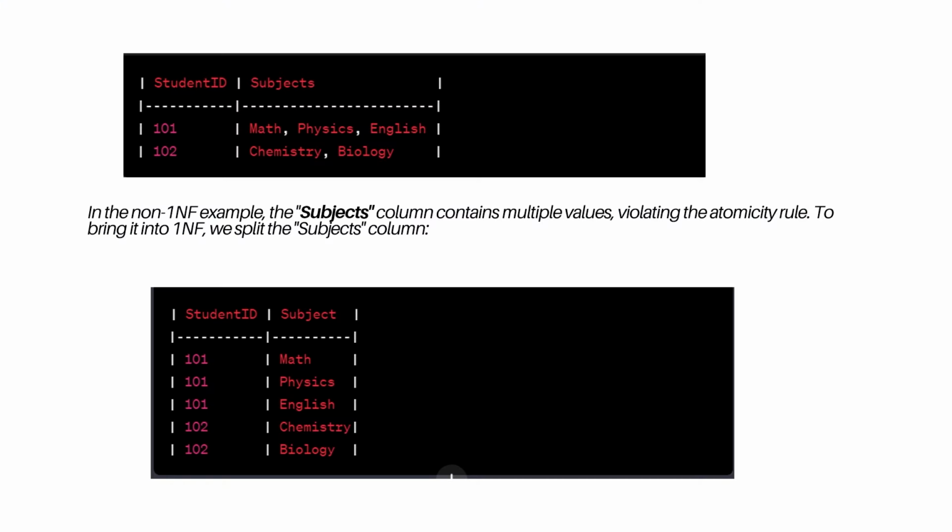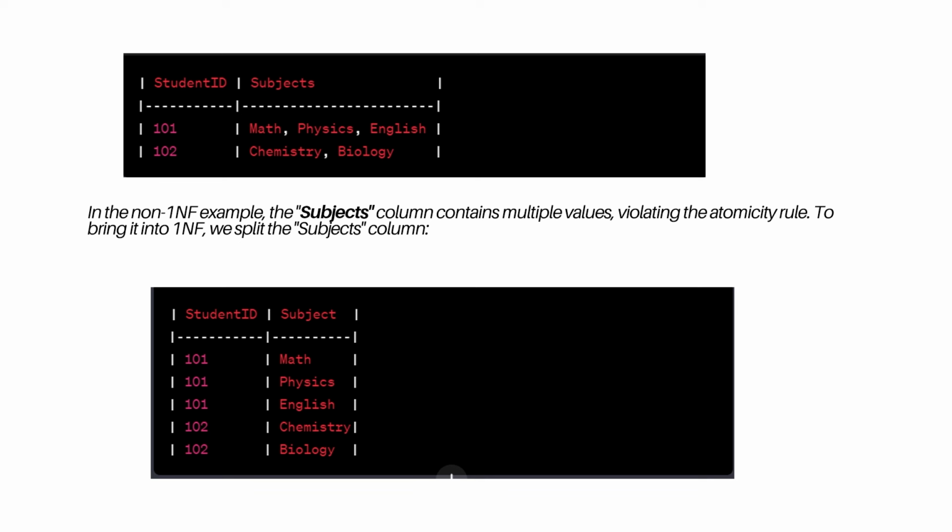Let's see the example. This is a student table. Okay. This is a non-normalized table. This is a student table which has student ID and subject. So if you see, each student has multiple subjects. Which is non-atomic. It means there are more than one subjects with one particular student ID.